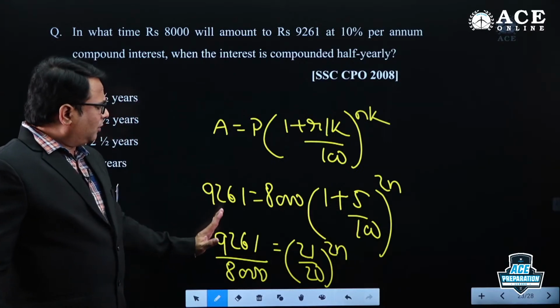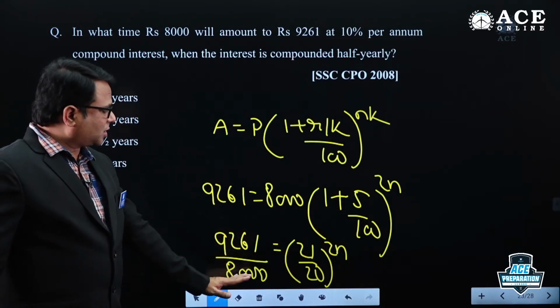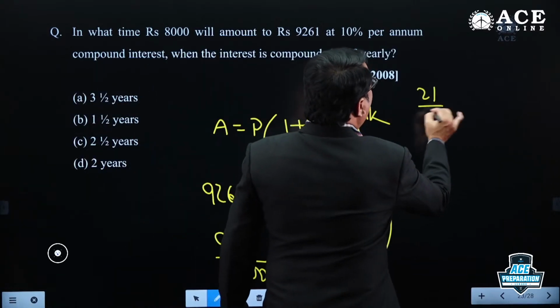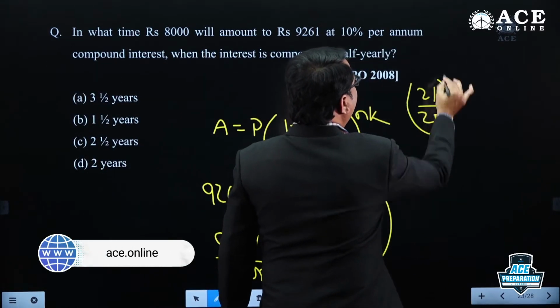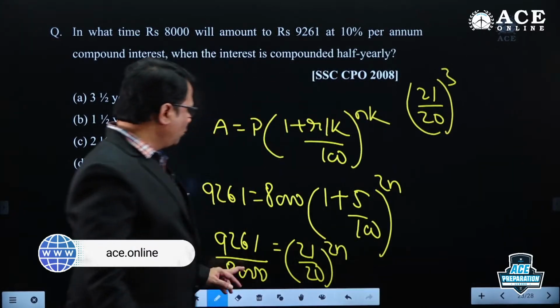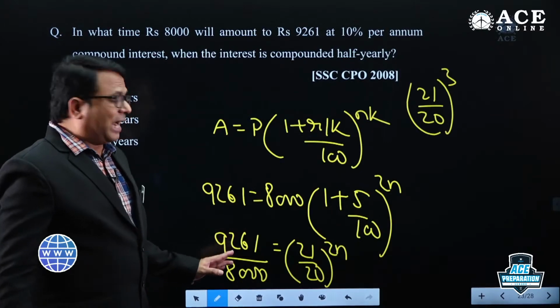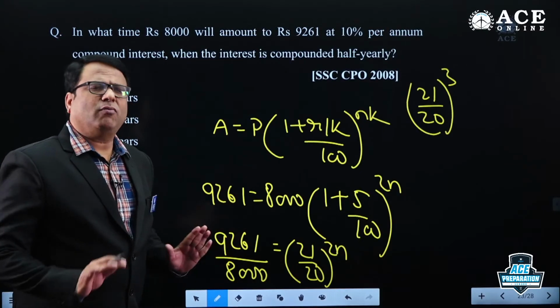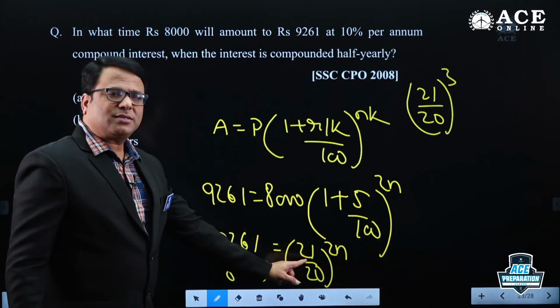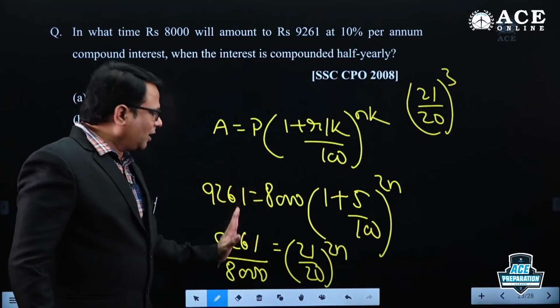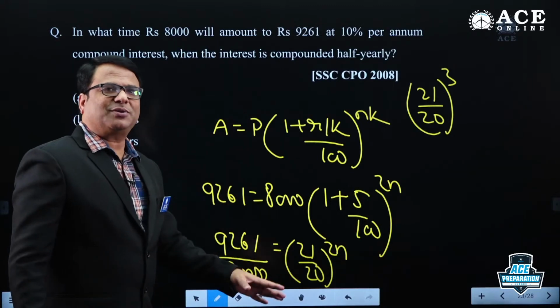Now, the left hand side 9,261 by 8,000 if simplified will become 21 by 20 whole cube. Okay, 20 cube is 8,000, 21 cube is 9,261. And how do you get this idea? Very simple. On the right hand side you can see 21 by 20. So on the left hand side also you should get 21 by 20.